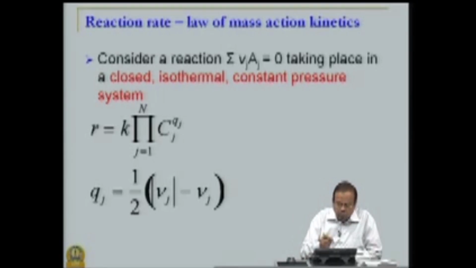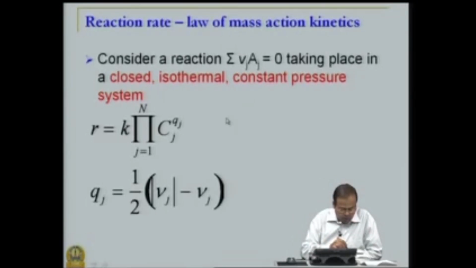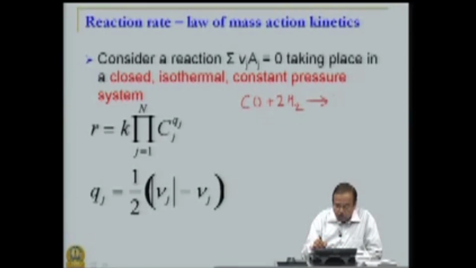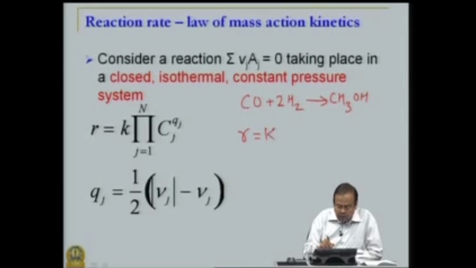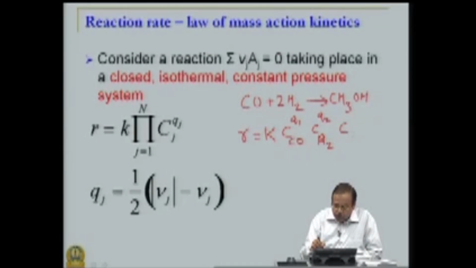For example, going back to our methanol synthesis, if we have a reaction such as CO plus 2H2 gives rise to CH3OH, our general power law kinetics can be rate equal to K, some kinetic rate constant, concentration of CO raised to Q1, concentration of H2 raised to Q2, and in general concentration of methanol raised to Q3.